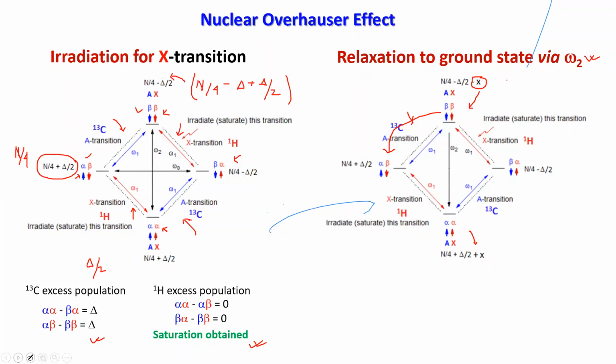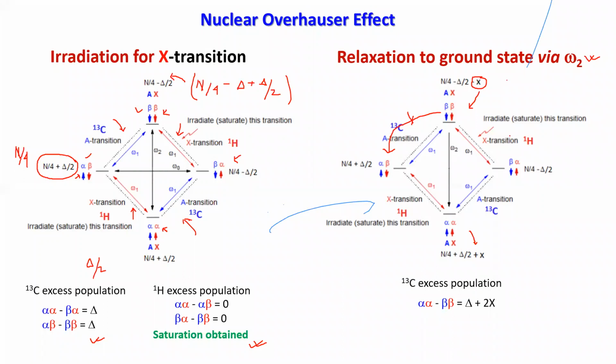So we have said that the x amount of nuclei is coming down to the alpha alpha state from the beta beta state to have a new equilibrium state. Now at this equilibrium state, what will be the excess nuclei of the carbon? We are not changing any nuclei of the proton, so proton will still be saturated, but what will be the excess nuclei of the 13C? If I do the calculation, alpha alpha minus beta beta.